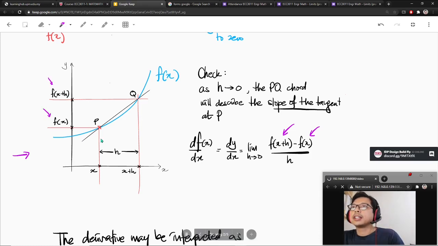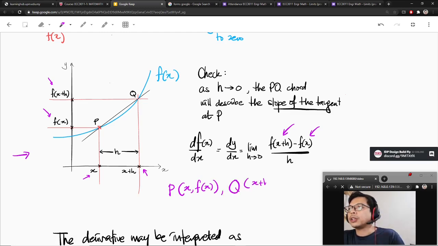For f of x plus h, the corresponding x value is x plus h, here. And for f of x here, the corresponding value is x, of course. P here has coordinates x and f(x), and Q has coordinates x plus h, f of x plus h.